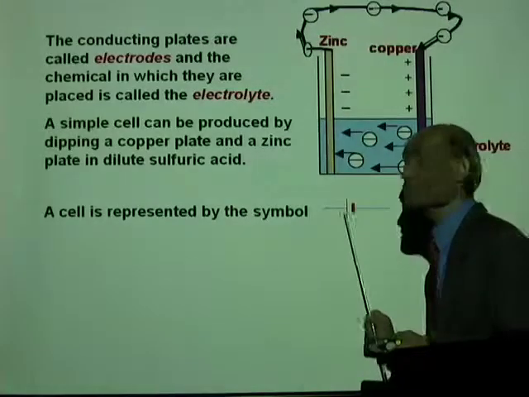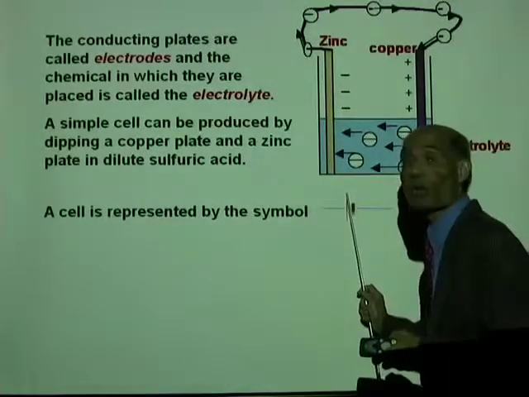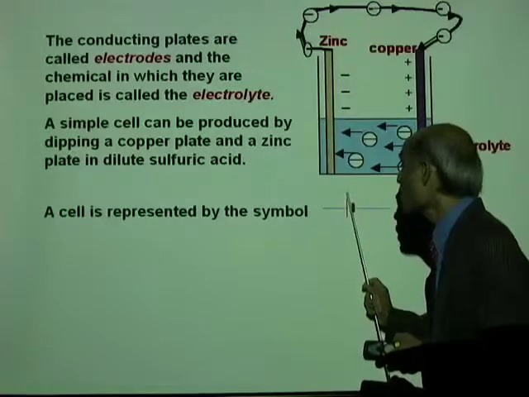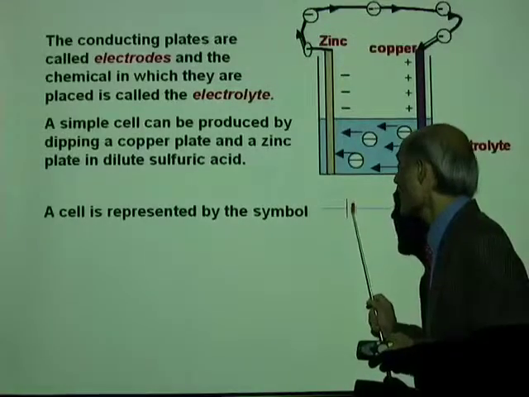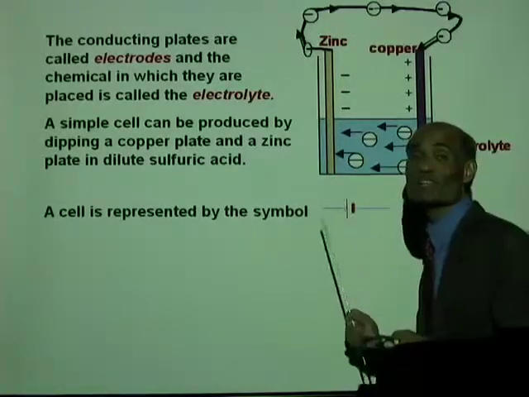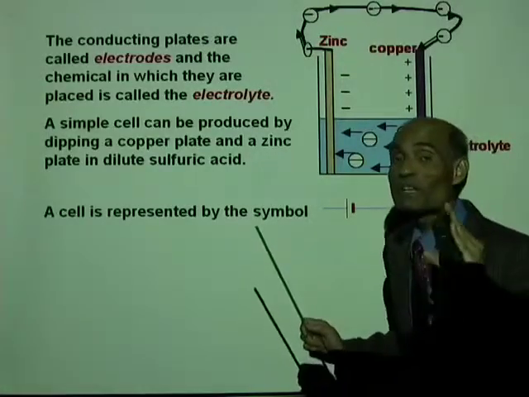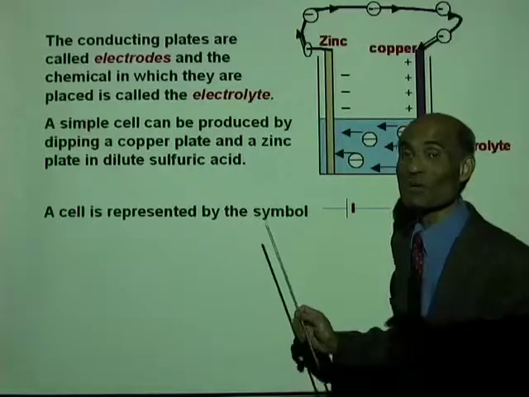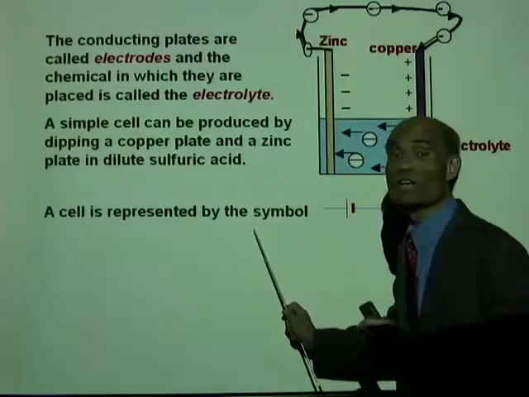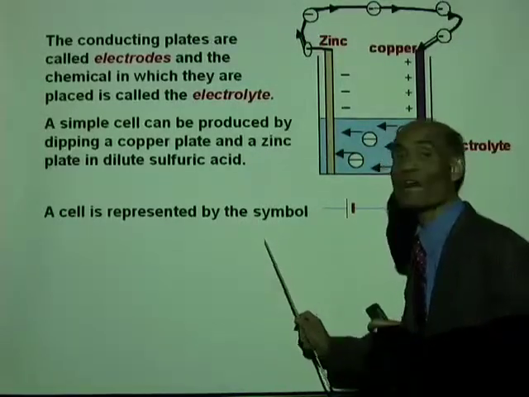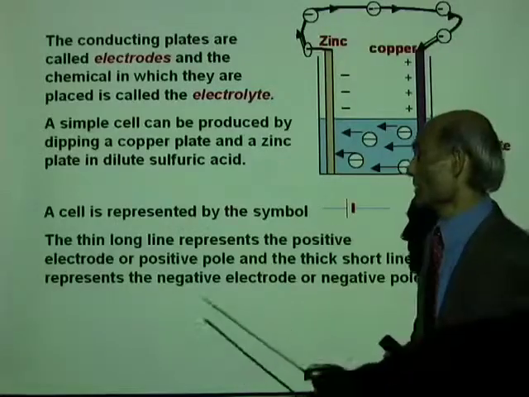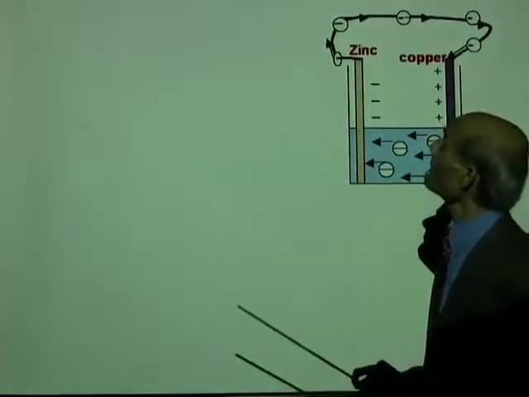Look at the symbol for the cell. The positive pole of the cell is the long thin line, and the negative end of the cell is a short thick line. Now don't confuse it with the capacitor notation. What is the symbol for a capacitor? Just two parallel lines. Alright? Okay.